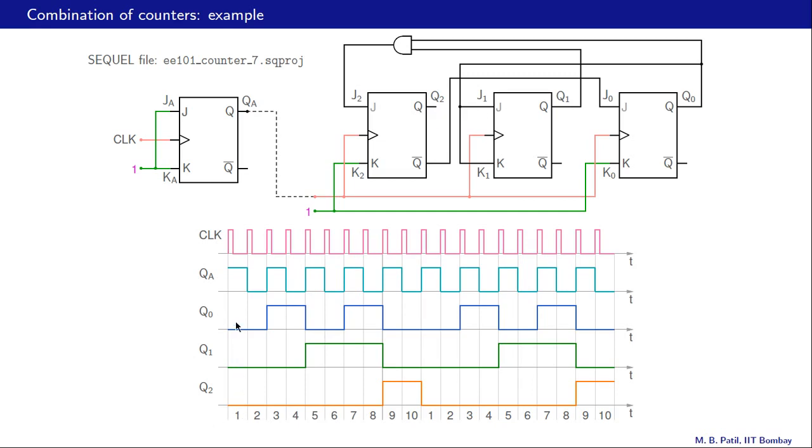This is the first clock period, this is the second clock period, third, and so on. And we see that this state, that is 0 0 0 1, appears again at this point, and therefore the modulus of this counter is 10, because after 10 clock periods we get the same state again.